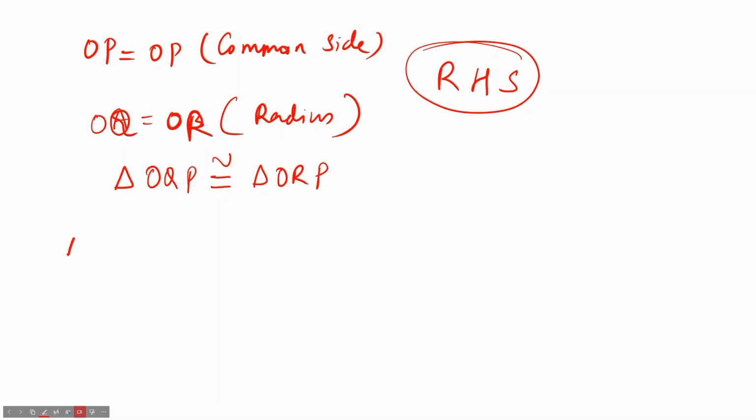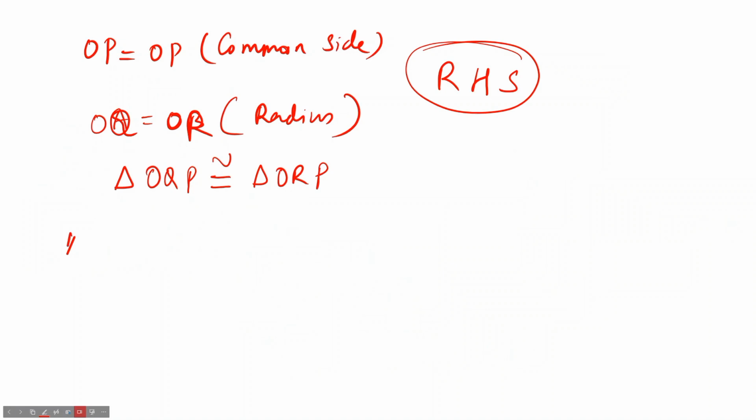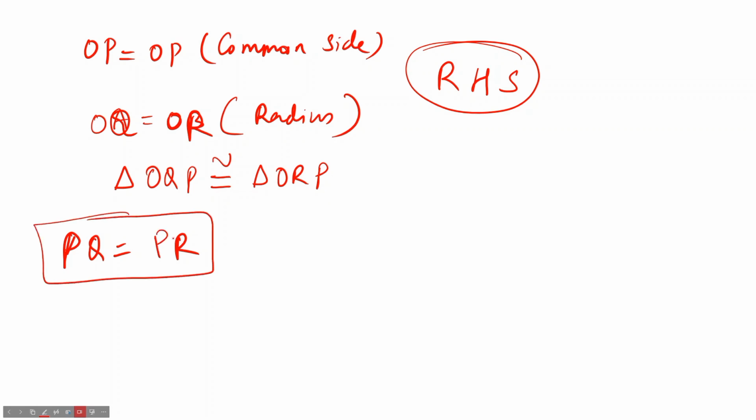So we can easily write QP equals PR, or PQ equals PR, by corresponding parts of congruent triangles.